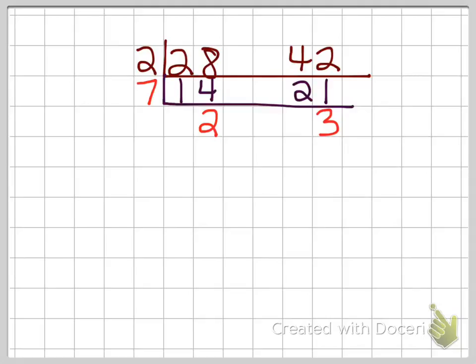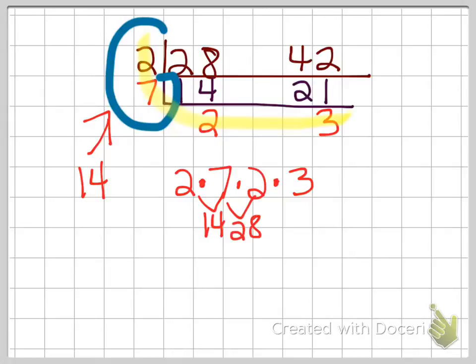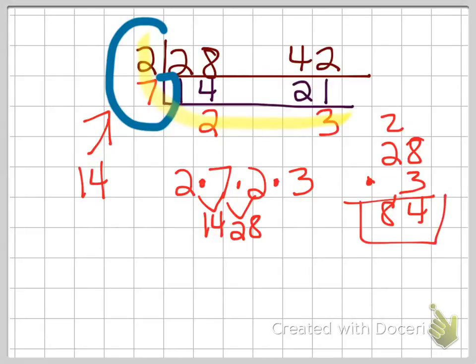The only common factor between 2 and 3 is 1, so the greatest common factor is here, and your least common multiple is the product there. GCF in this instance would be 2 times 7, which is 14, and the LCM is 2 times 7 times 2 times 3. That was 14. 14 times 2 is 28, and then 28 times 3 is 84.